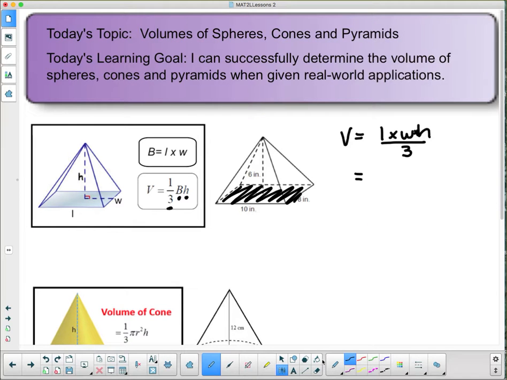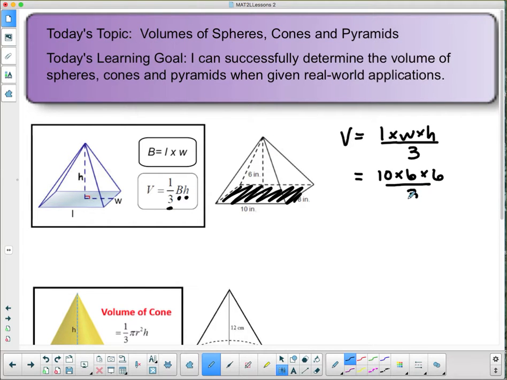So we're going to look at it a couple of different ways here. I'm going to clean this up a little. So length times width times height divided by 3. In this case, the length and width on the bottom, the area of the base, is 10 times 6. And then the height goes straight up the middle to the tip top and is 6.